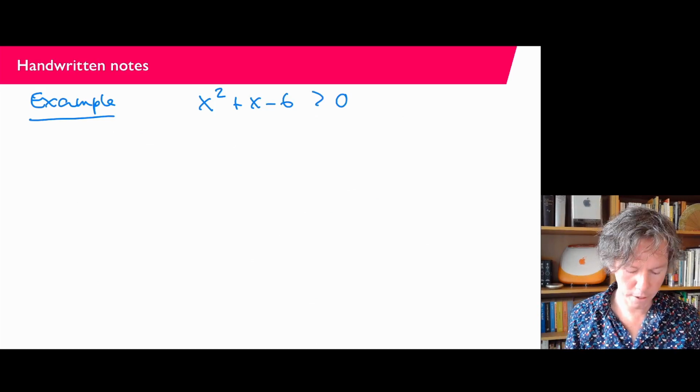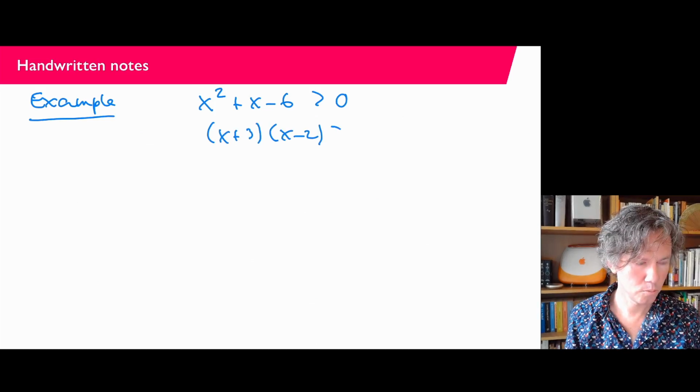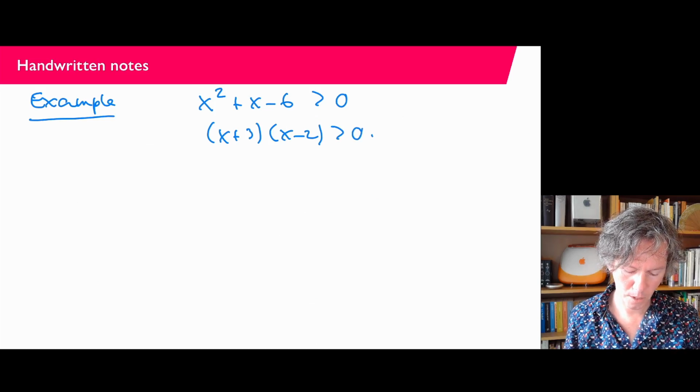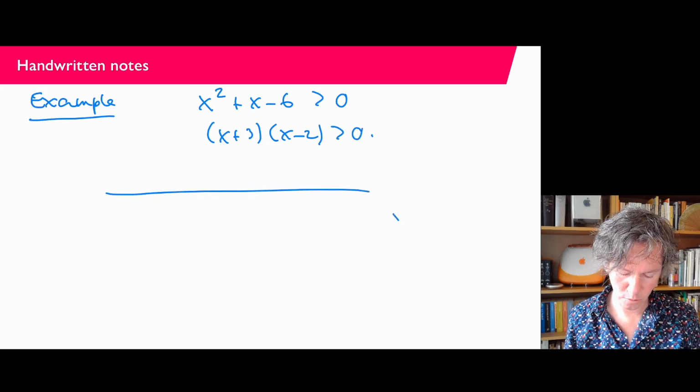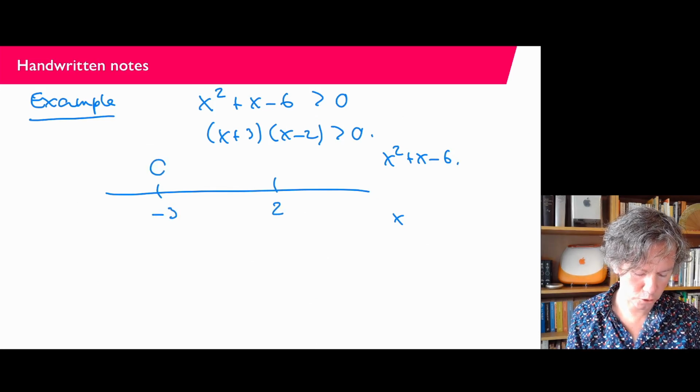So I'm going to write this as x plus 3 times x minus 2 bigger than 0. I'm going to make a sign chart. Here I put x, up here I put x squared plus x minus 6. So we see that for minus 3 and 2, the expression is going to be 0.